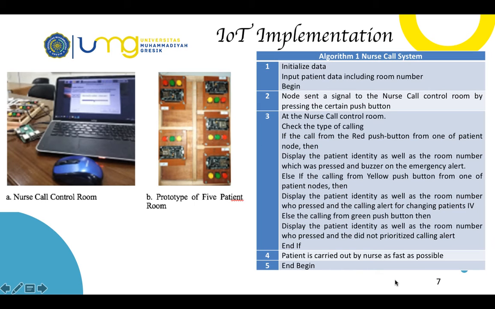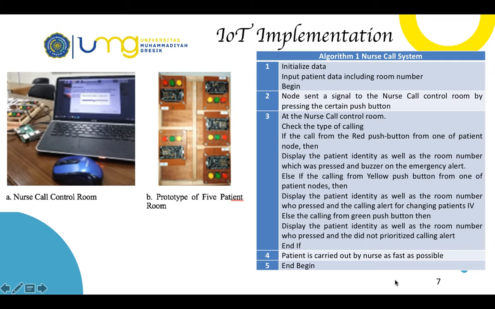The algorithm on the right is for the NurseCall system. Initially, input the patient data including room number, name, and when they came to the hospital. Second, the node sends a signal to the NurseCall room by pressing a certain push button.